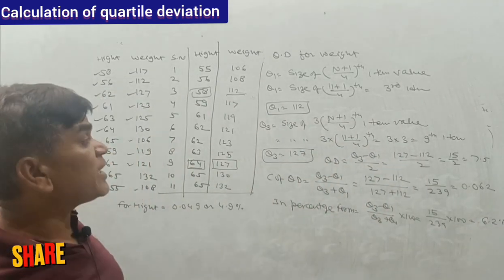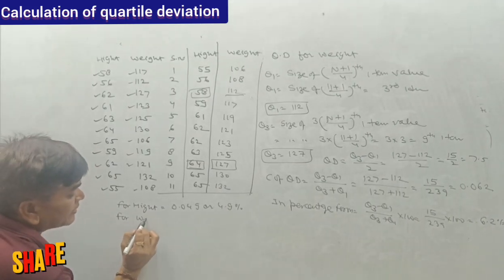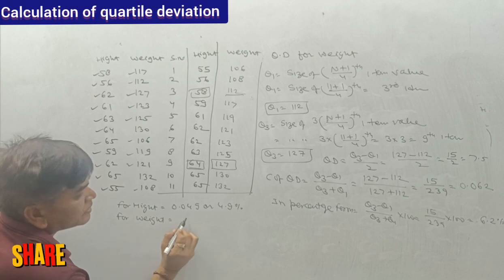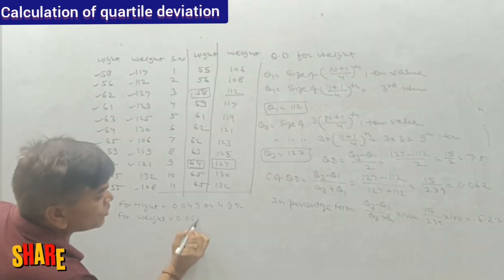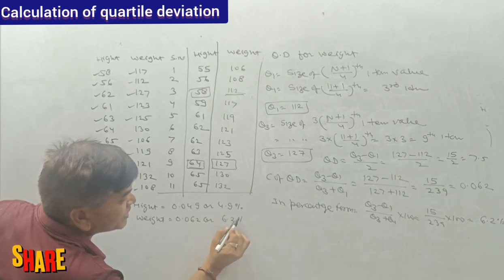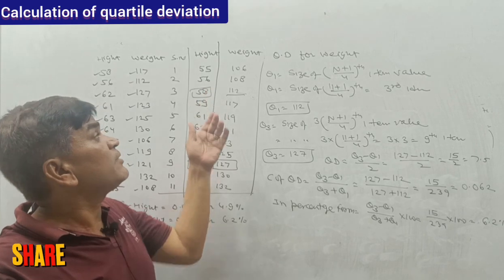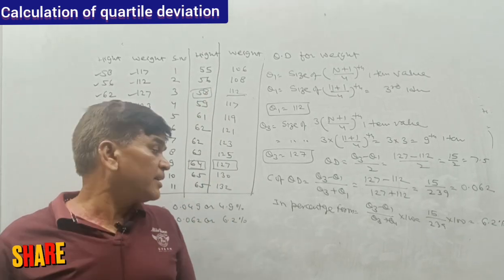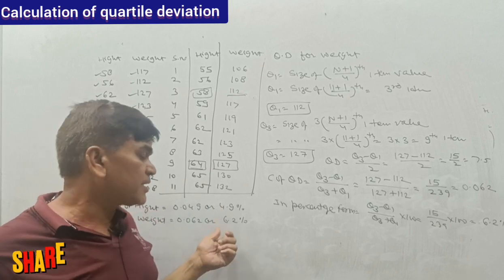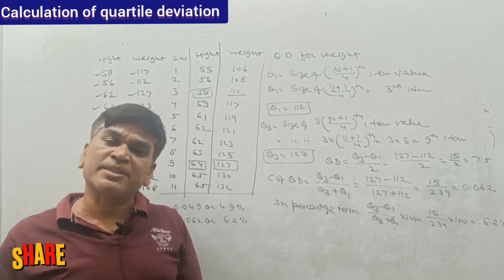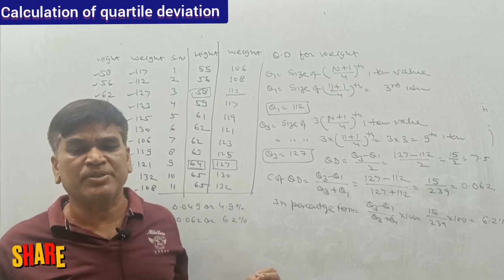So as far as the variation is concerned, for weight it is 0.062 or 6.2%. So we will say there is more variation in weight than height, because in height the variation is 4.9%, but in weight the variation is 6.2%.